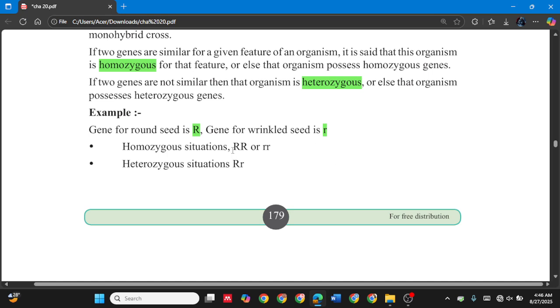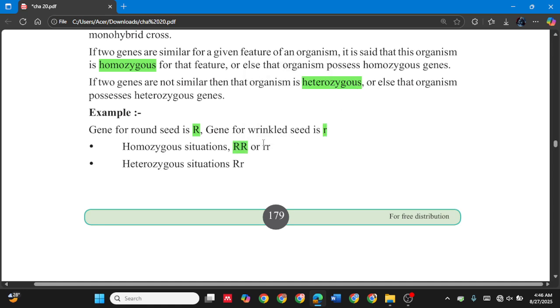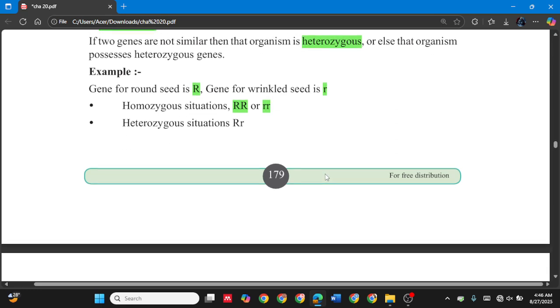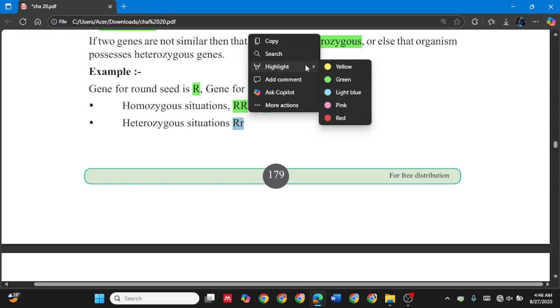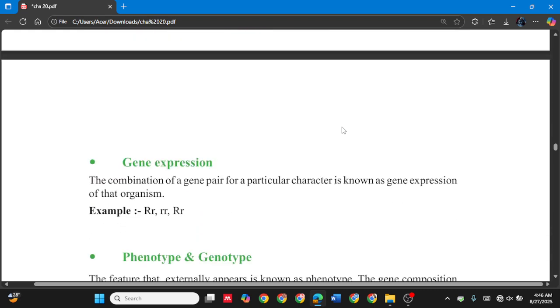So it is RR, homozygous, the same type, and simple double r. And what about these two types of genes? They call it heterozygous, and it can be written as capital R, simple r. When it comes to tall and short, it's capital T, simple t.